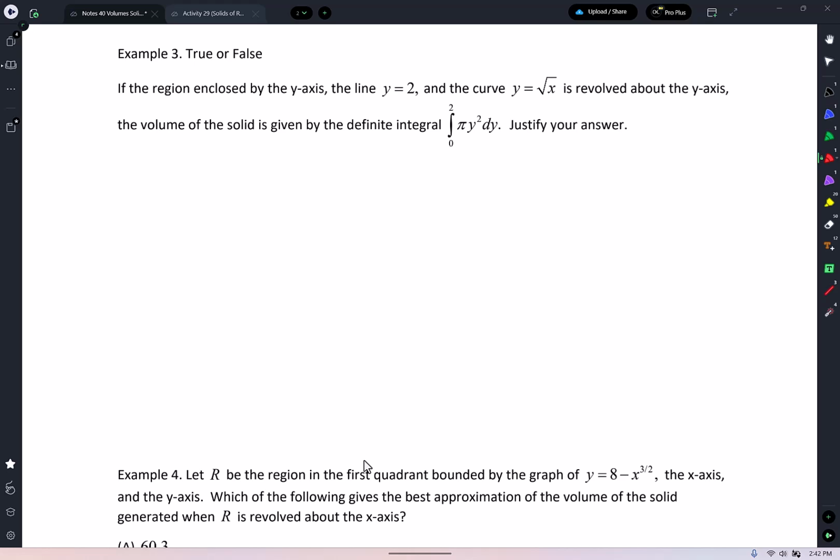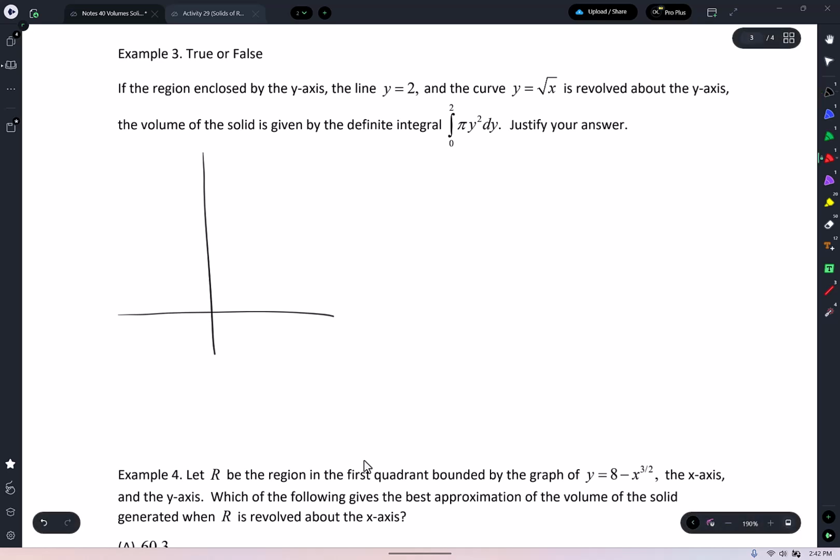All right, let's see, guys. So here's my grid. And they told me the equation is y equals square root of x. It's not to scale. Y equals square root of x, and y equals 2. And so they intersect right there.